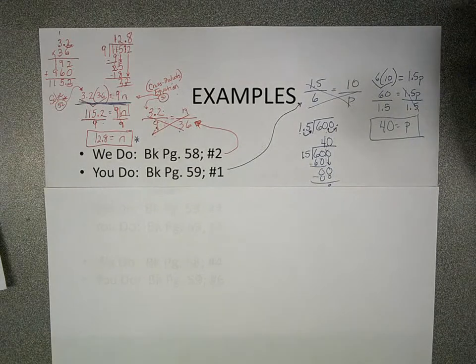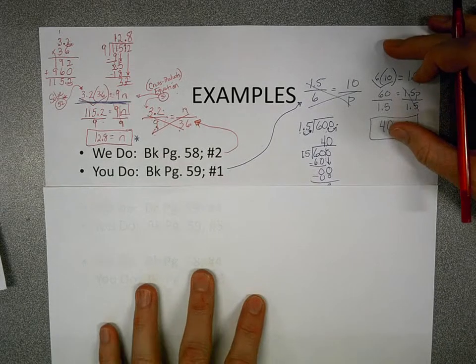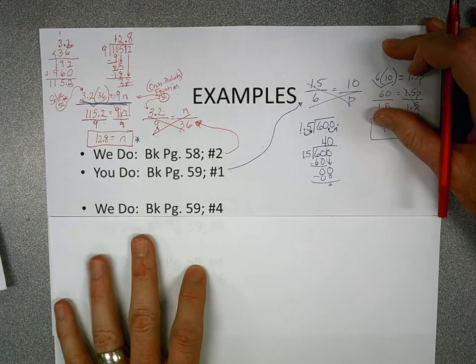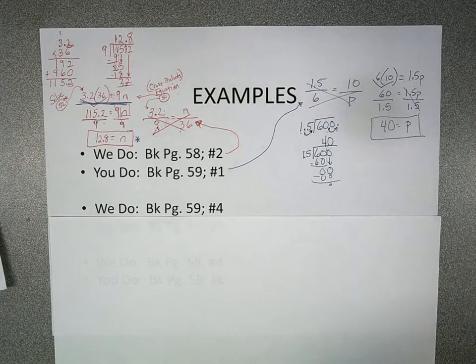All right. So now here's what we're going to do. Let's go ahead and, keeping with your homework, take a look at problem number 4 on page 59. Now, the directions on these say assume the situations are proportional. So we're not finding out, it's just saying they are proportional.